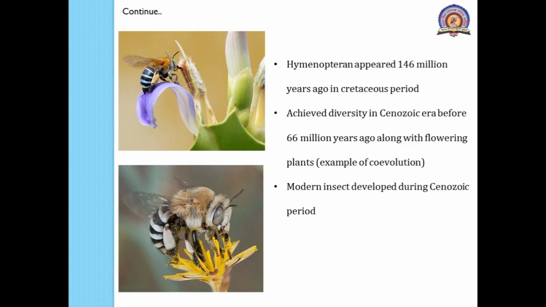A number of highly successful insect groups evolved in conjunction with the flowering plants, which is a great illustration of what is called coevolution. This means the diversification of Hymenopteran species generally occurred with the diversification of the flowering plants, or angiosperms, and hence they show a good example of coevolution.